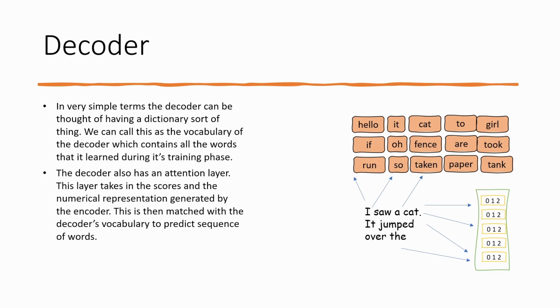So now it takes an input. For example, "I saw a cat, it jumped over the", and now its job is to predict which word would complete that sentence.